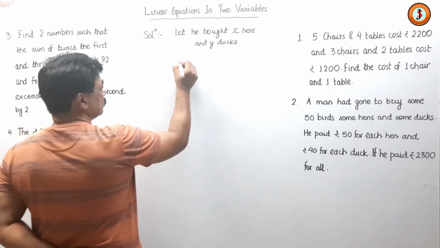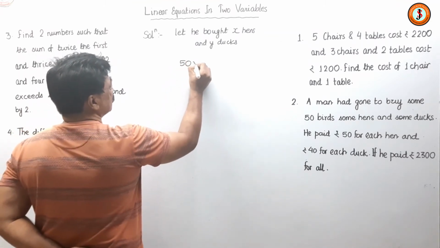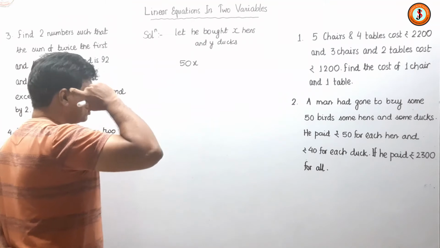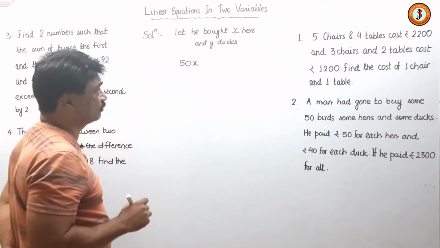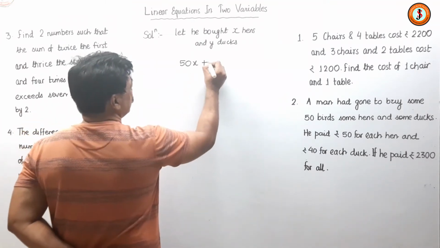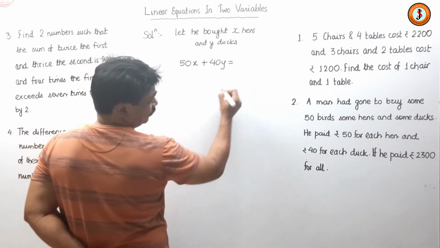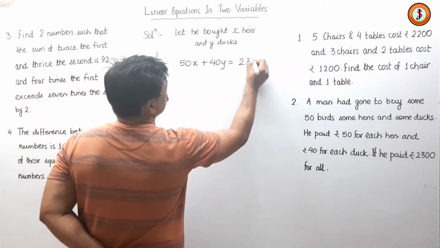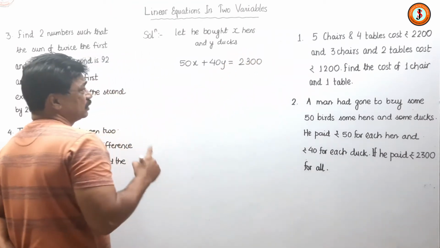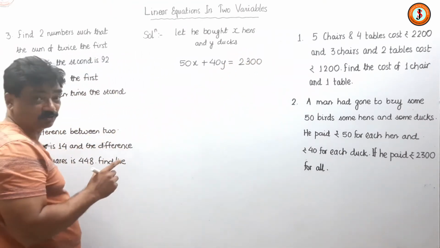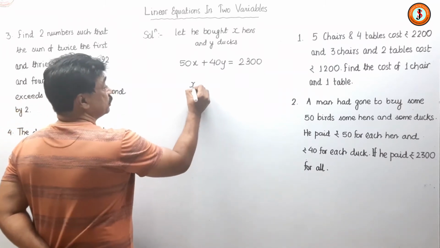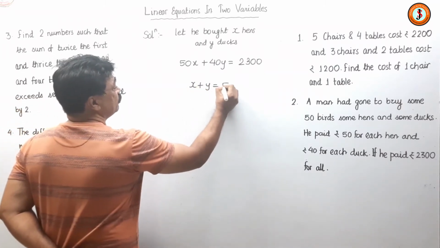So that means cost of x hens will be 50x plus cost of y ducks will be 40y, and that is equal to how much is it given? 2300. Now we also know that x plus y, that means the number of hens and ducks, is how much? 50. So x plus y is equal to 50.